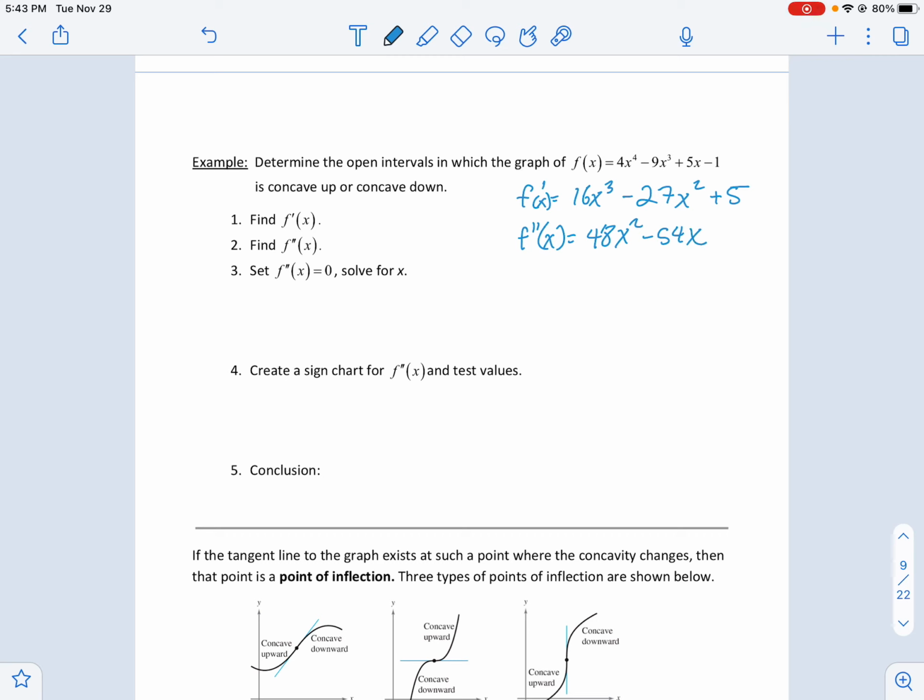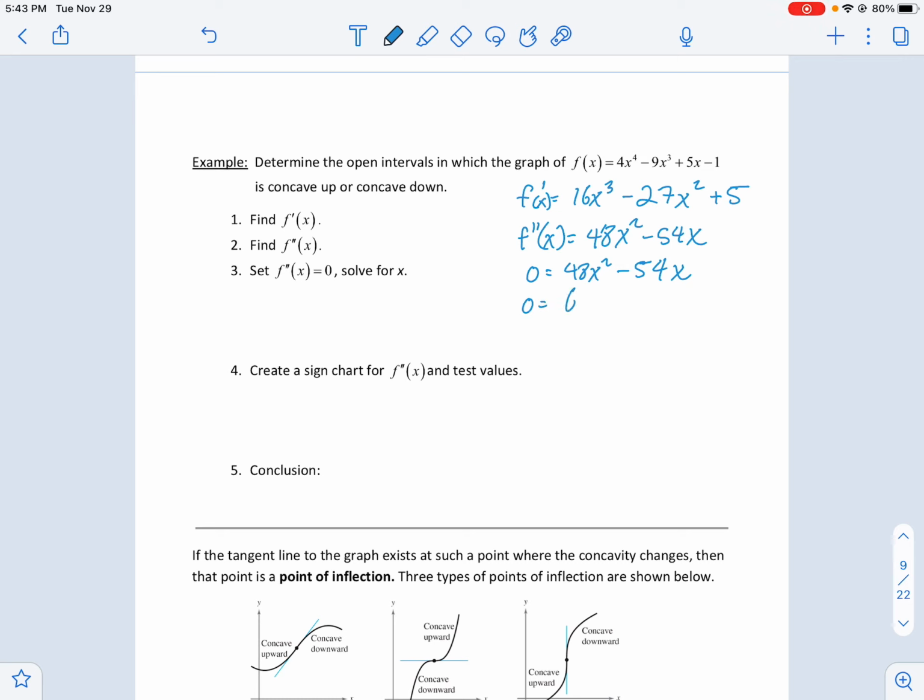So once we have our second derivative, we are going to set our second derivative equal to 0 and solve for x. All right, so let's put that in. We are going to get 0 equals 48x squared minus 54x. And I'm going to factor out a GCF and see what I can do here. 0 equals, GCF here looks like 6x.